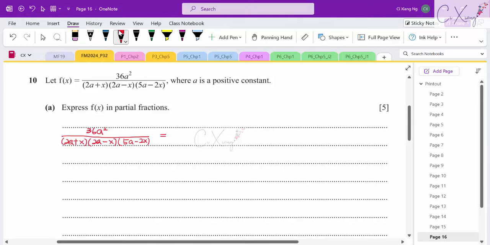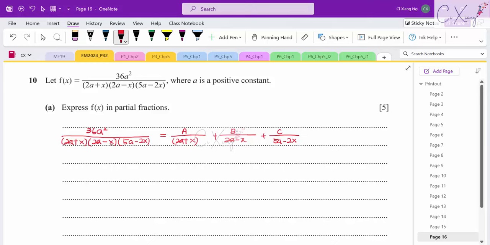I can split them into 3 fractions: a over 2a plus x, then b over 2a minus x, and the third one will be c over 5a minus 2x.